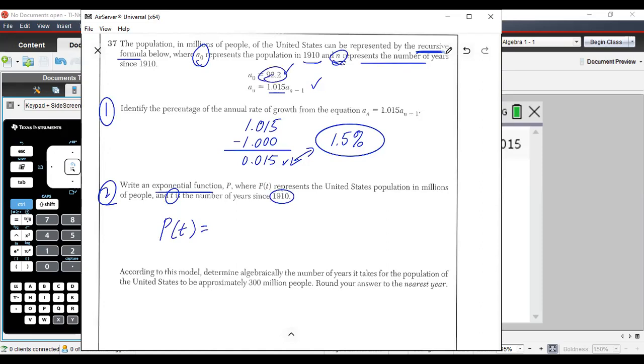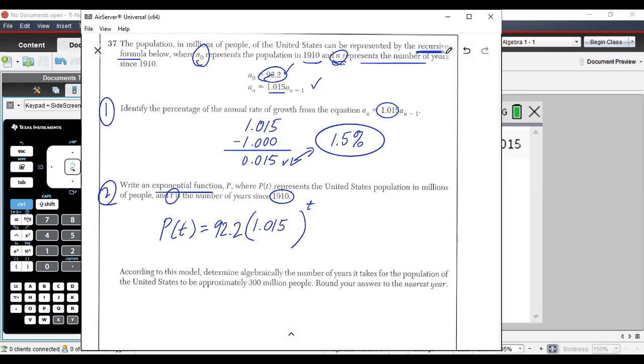So that's going to be 92.2 million. And then we want to know what's the growth rate or growth factor. Well, this is it right here, this part in the front. So we're going to put $1 and 1.5 cents. That's what we have in there. And then all we need to do is put a t here. So it's a function of time. It's a function of the number of years.